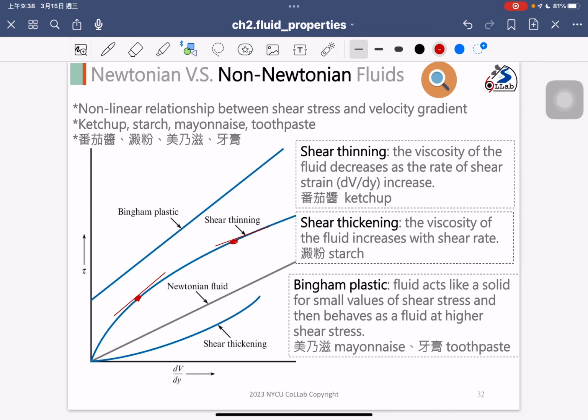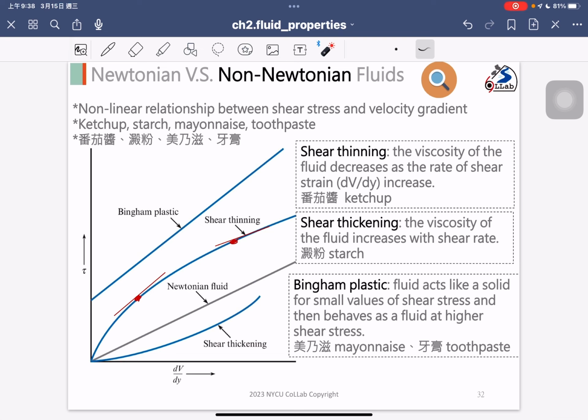And the slope will decrease when the velocity gradient increases at this point. So you see the slope will decrease as the velocity gradient increases. That indicates the slope is viscosity. Okay?